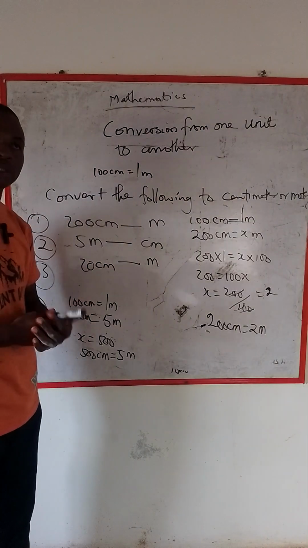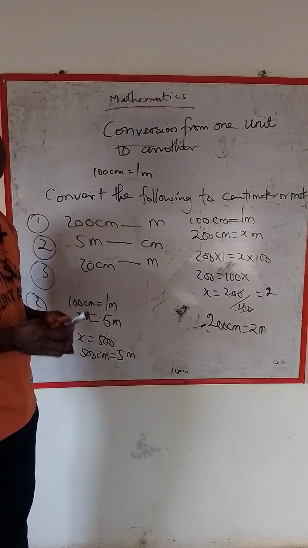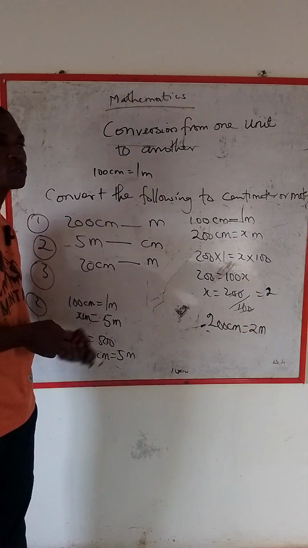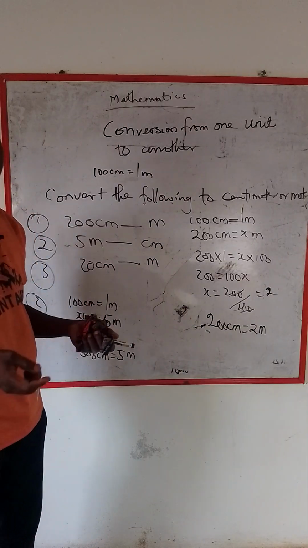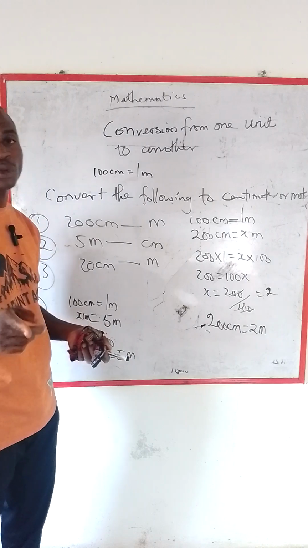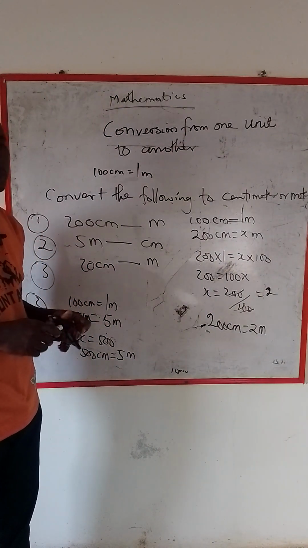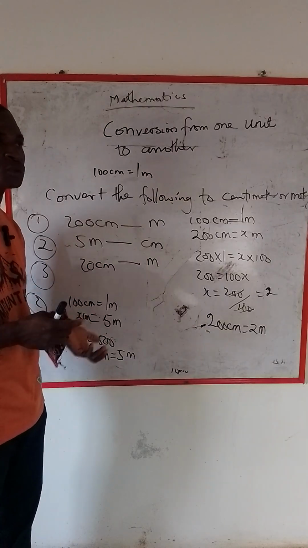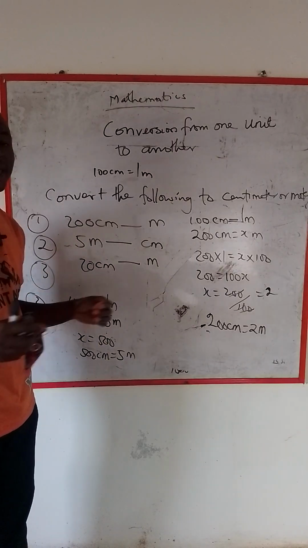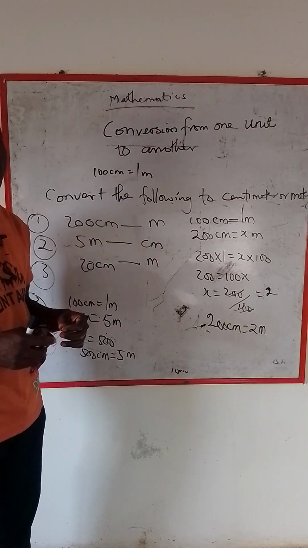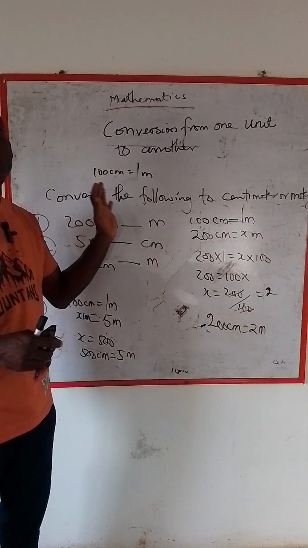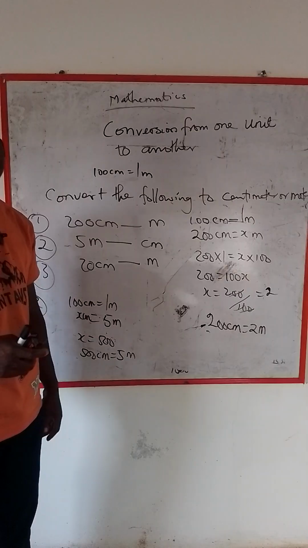If you want to convert maybe units from gram to kilogram, you must know the relationship that 1 kilogram is equal to 1,000 grams. Just the relationship, we can convert from kilogram to gram. In fact, the list is endless. I cannot do all the conversions here, but this general principle cuts across any conversion that I'm talking about.